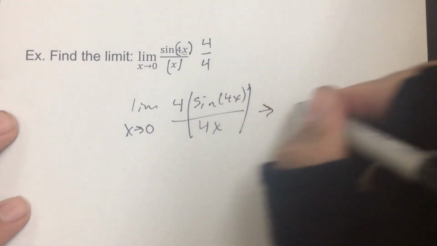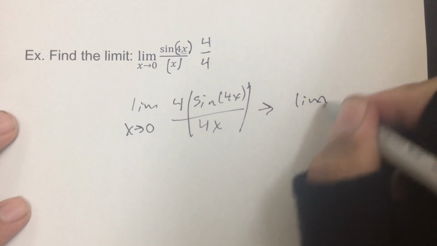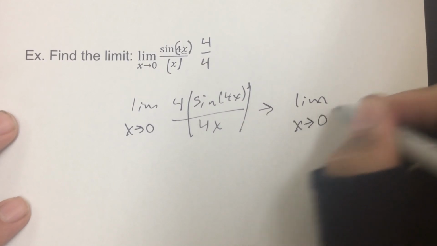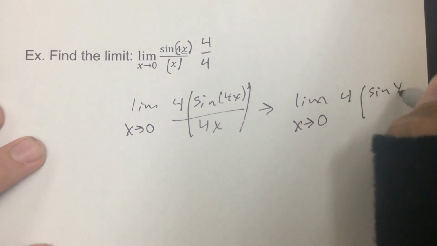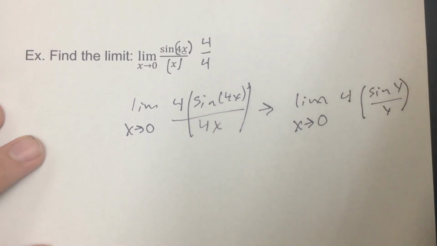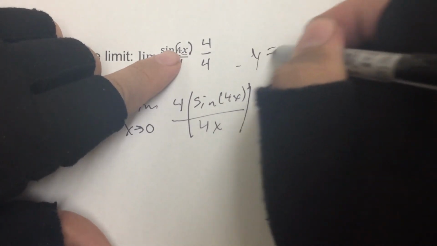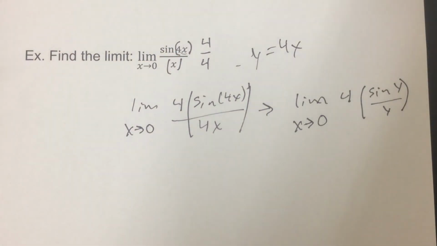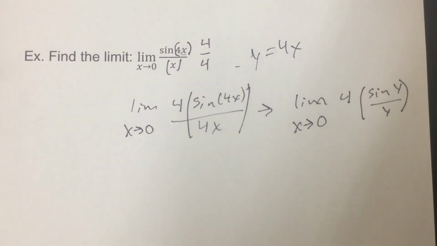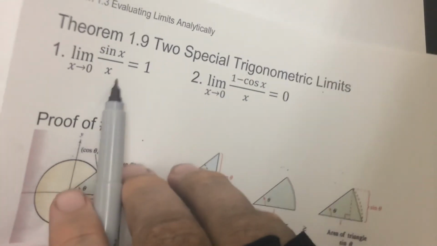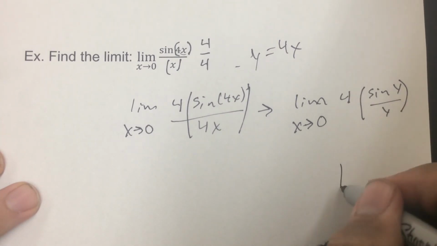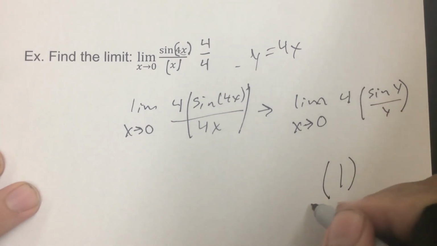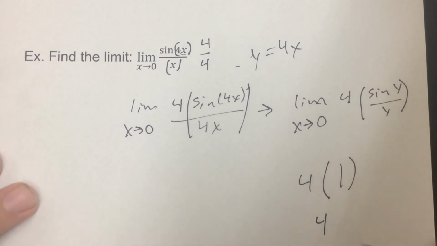So this is technically the limit as x goes to 0 of 4 times the sine of y over y, where I'm going to let y be 4x. So now that matches this trig function. So this back part, when we find the limit, is going to be 1 times the 4 in front of it, and so we end up with 4 as our limit.